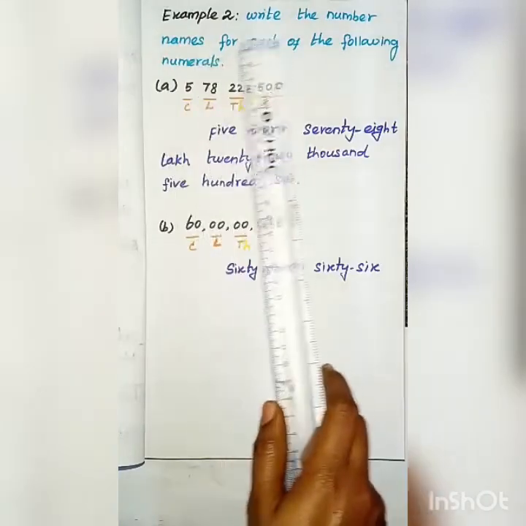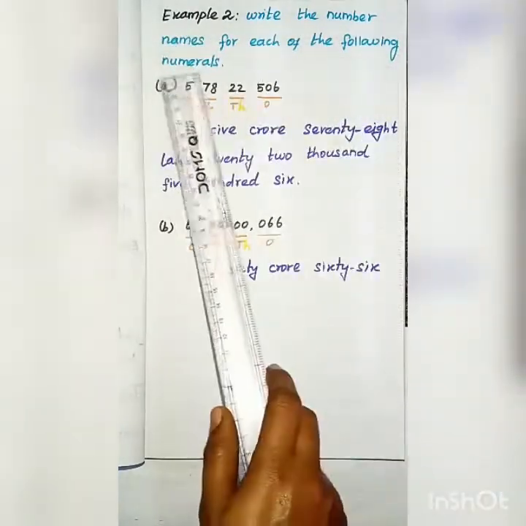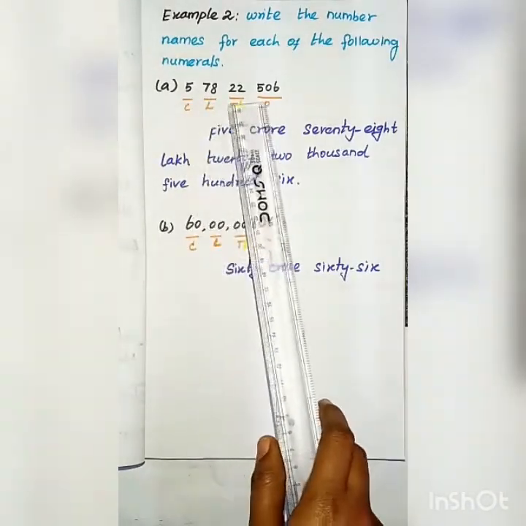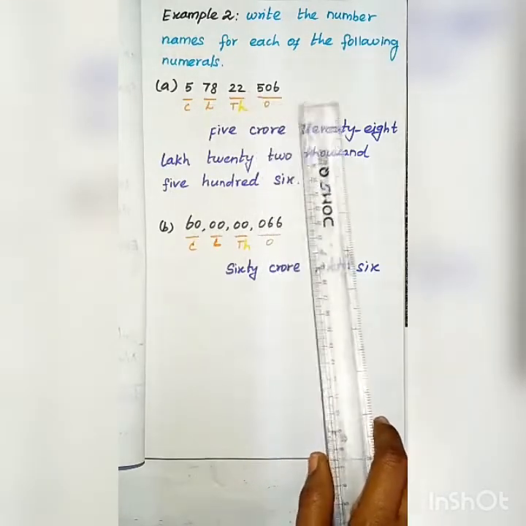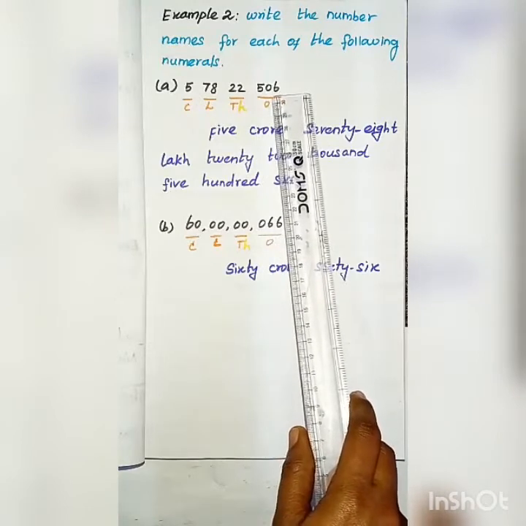Example 2. Write the number names for each of the following numerals. Here some numerals are given, and the spaces are already given between them. You identify the period of the given numerals. Here you have 3 digits. In which period do you have 3 places?